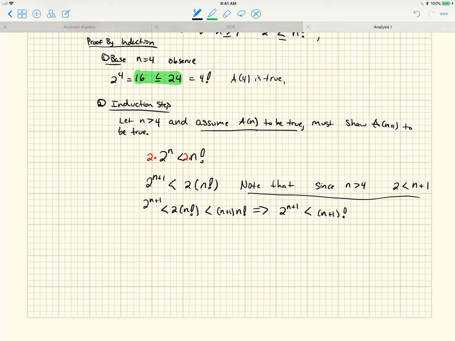So since we established the base case is true, and the induction step is true, A(n) is true for all n greater than 4, right?